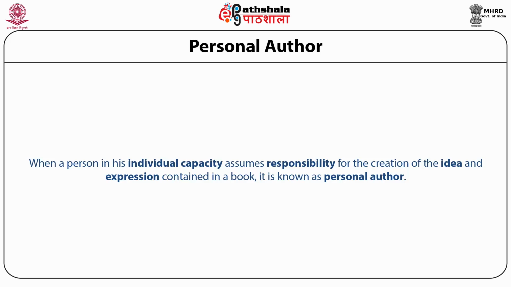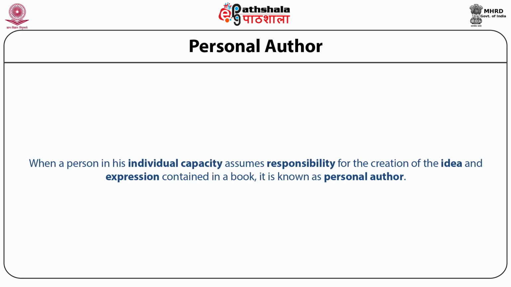CCC defines personal author as a person as author, the responsibility for the thought and the expression constituting the work resting solely on his private capacity and not on the capacity of any office being held by him within a corporate body, nor on the capacity of the body.